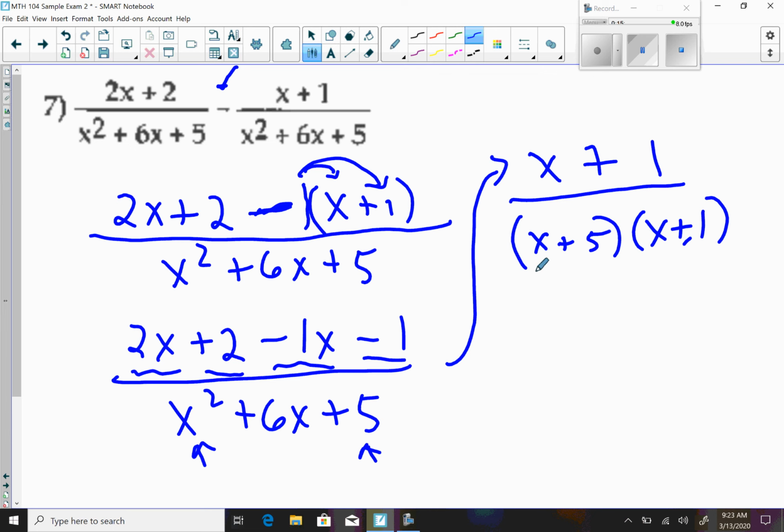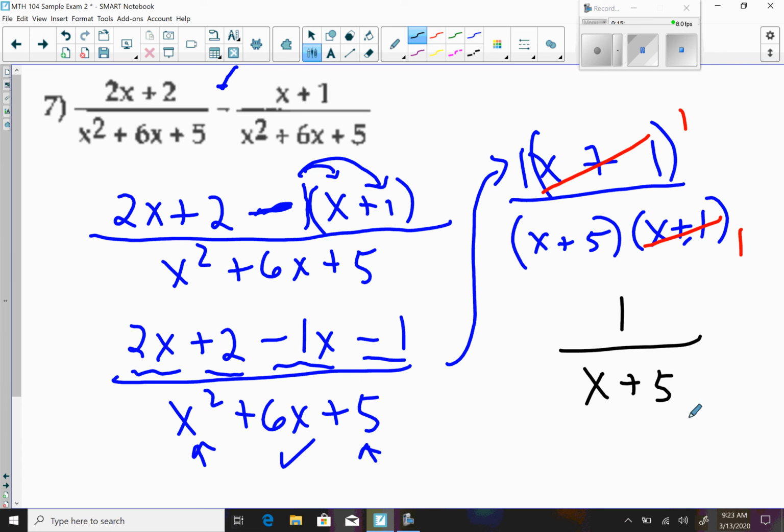And 1x plus 5x is 6x. Since the numerator is x plus 1, which really means x plus 1 times 1, we're going to say x plus 1 divided by x plus 1 is 1. And then multiply what's left. On top is 1 times 1. The denominator, x plus 5 times 1. The answer is 1 over x plus 5.